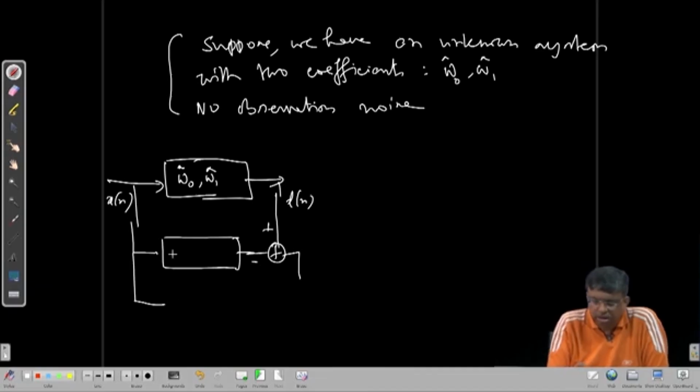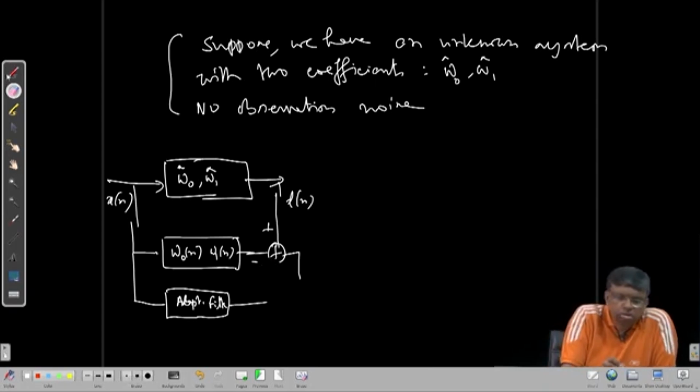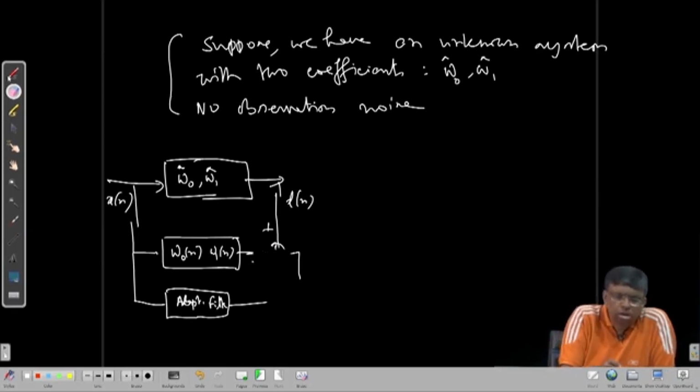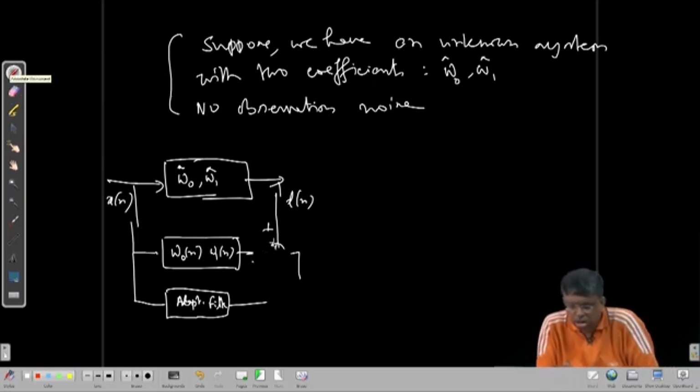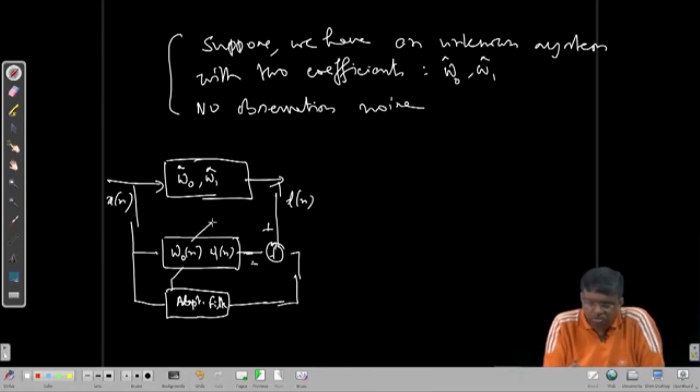So this is the adaptive filter. We all know this, we have studied this. And by this we adapt them.